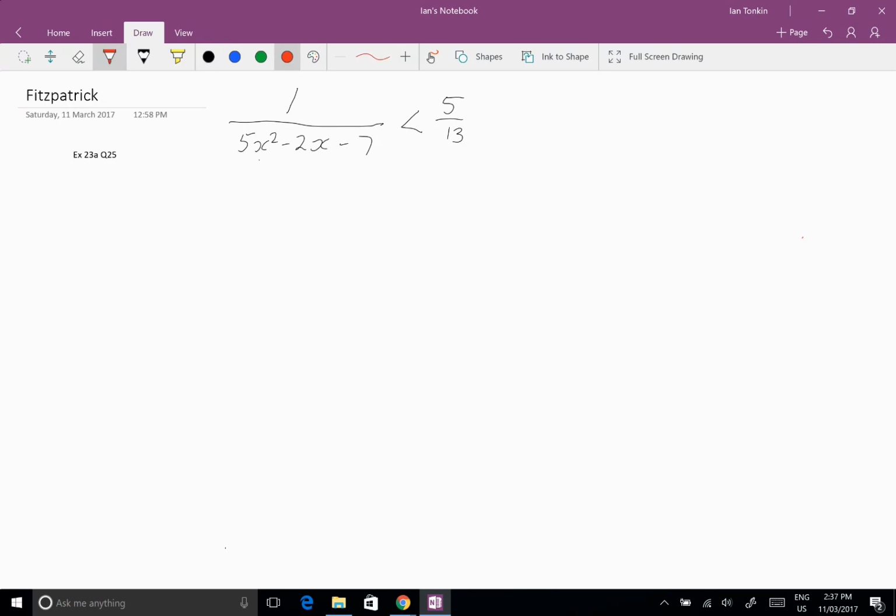Let's say we multiplied both sides of the inequality by the denominator squared.